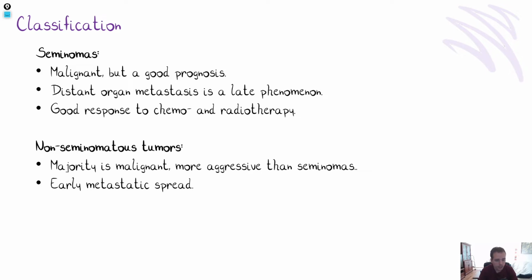There can be a tiny choriocarcinoma or tiny embryonal carcinoma, which would change the prognosis, because it would mean that the overall prognosis will be worse, because the prognosis of those mixed tumors is usually driven by the most aggressive component, and the tumors are mixed very often.